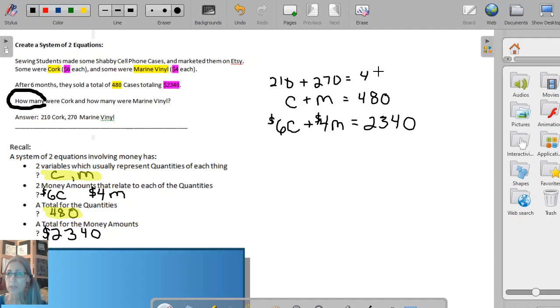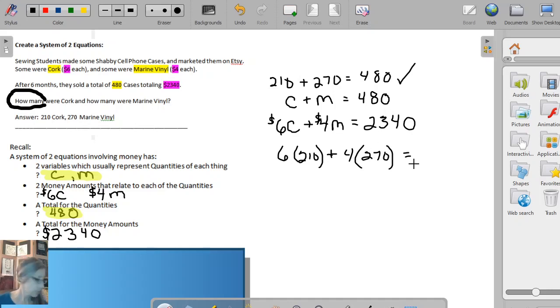It absolutely does. So it checks there. Let's put it here. $6 times 210 for the cork plus $4 times 270, and let's go ahead and check our math.